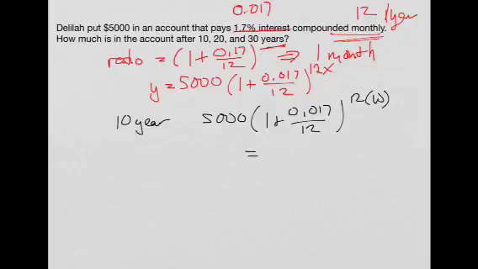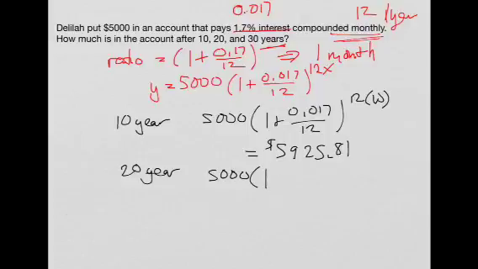And that's going to give us $5,925.81. After 20 years, we do 5,000 at 1 plus 0.017 over 12 to the 12 times 20.